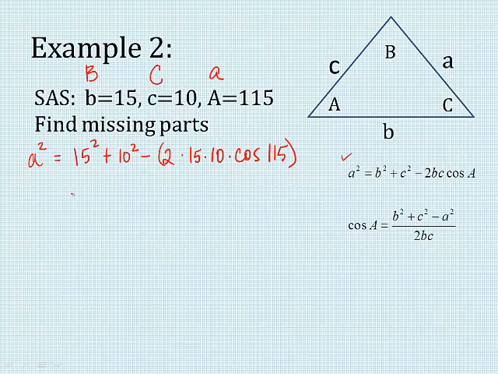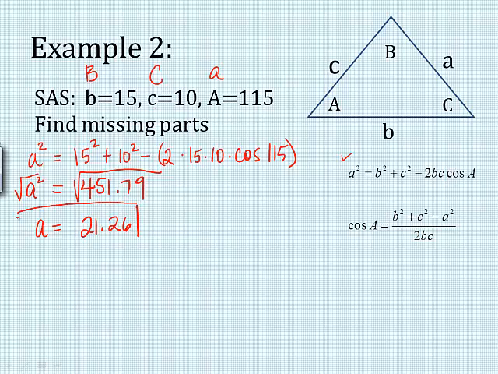There's so much going on here. Then you type it carefully into your calculator. When you get this, a squared is 451.79. Don't stop here. You don't want a squared. You want a, so you take the square root, and a is going to be 21.26. There's little a.